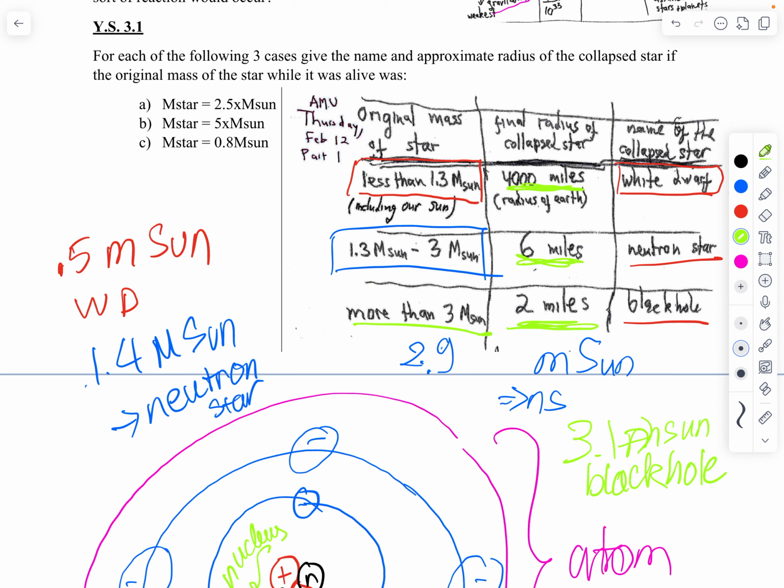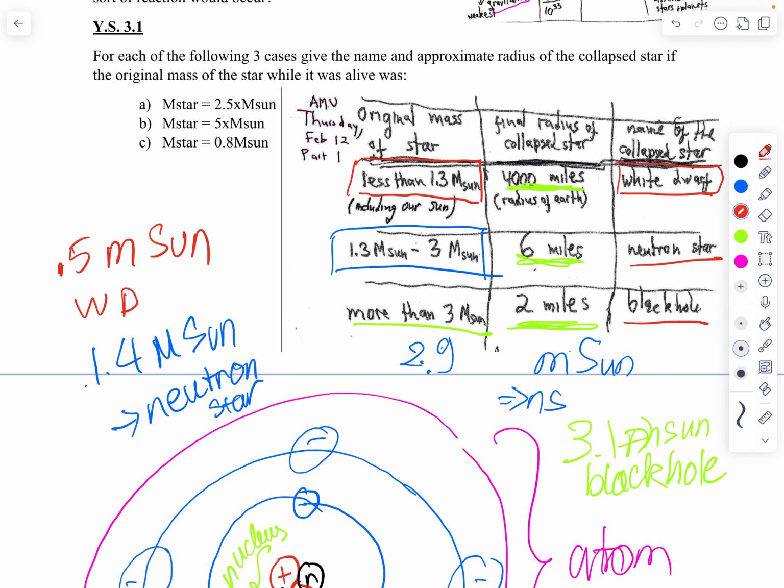I encourage writing out the table, both for the star masses and names and the force table, so you can remember it better. If there's some homework you need to do on it, you can just pull it out and do it from there.